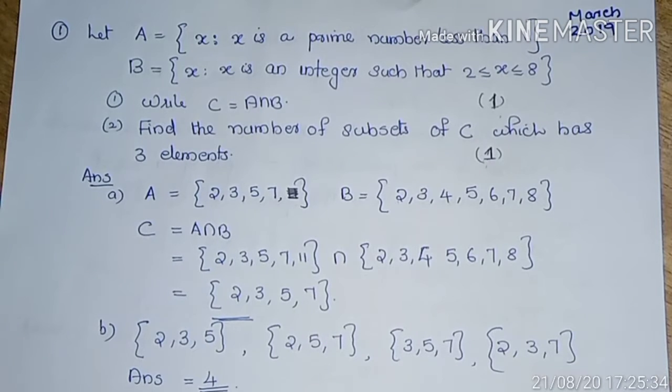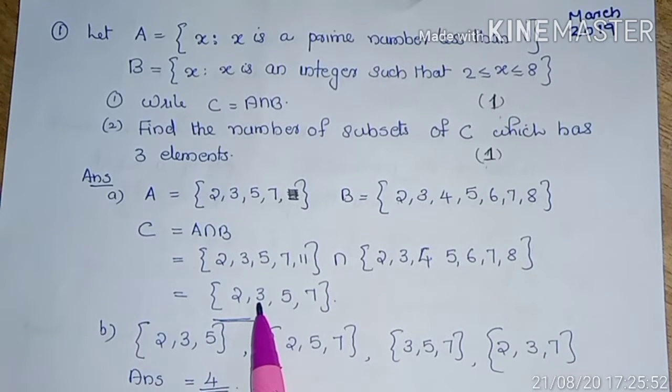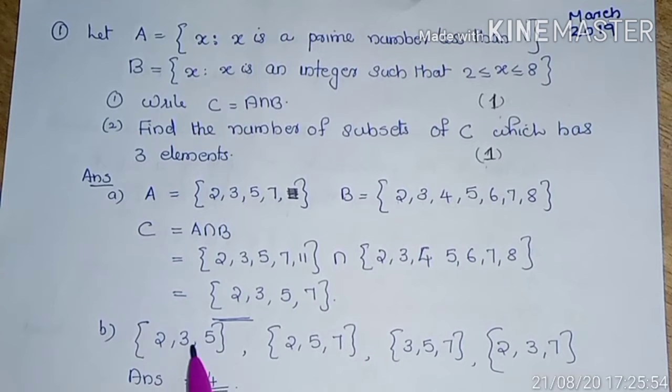Then the second question: find the number of subsets of C which have 3 elements. C has 4 elements. We want to write the subsets of C which have only 3 elements. First one {2, 3, 5}.